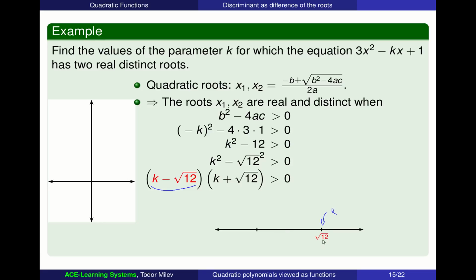So we mark the number radical of 12, that's the 0 of this term. And the term k plus radical of 12 disappears when k is equal to negative radical of 12. If you replace k with negative radical of 12, that expression becomes 0.